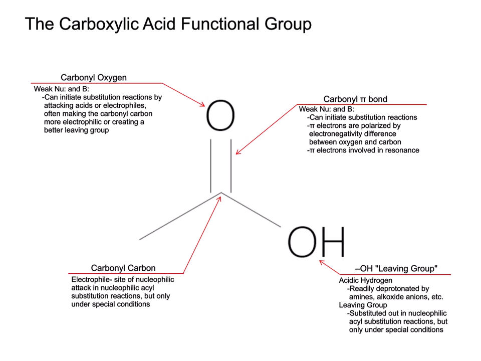We'll see several of these special conditions in the reactions that follow this slide, but in general, what we'll be doing is we'll be turning that OH into a better leaving group, or we'll be making the carboxylic acid a stronger electrophile by taking advantage of the nucleophilicity and basicity of that carbonyl oxygen and pi bond.